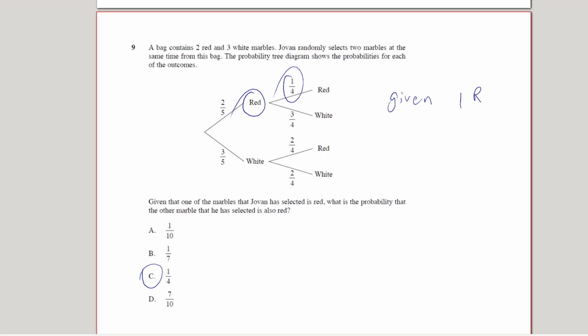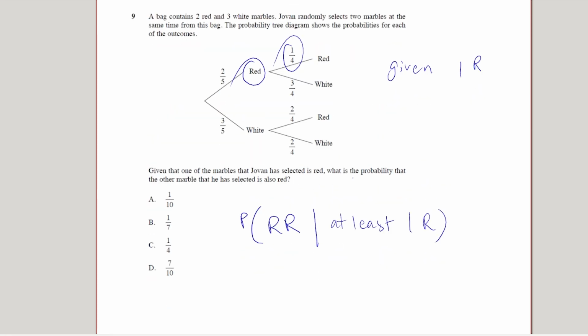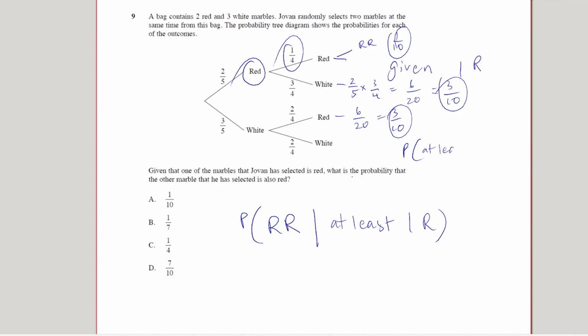No, it gets trickier than that, because if you write it out like this and do the probability calculations, so let's do RR, add these up, 1, 2, 3, okay, so the probability of at least 1R is going to be 7 on 10, and the probability that both of them are red is going to be 1 out of 10.